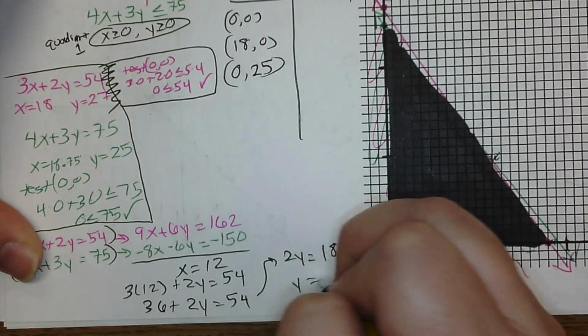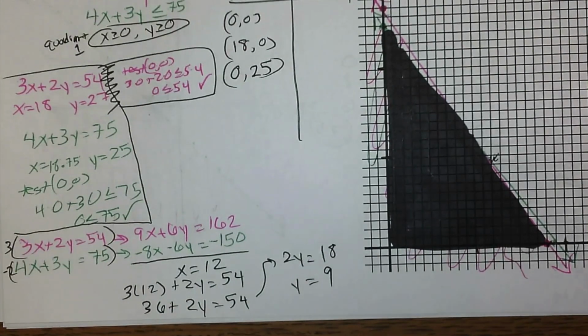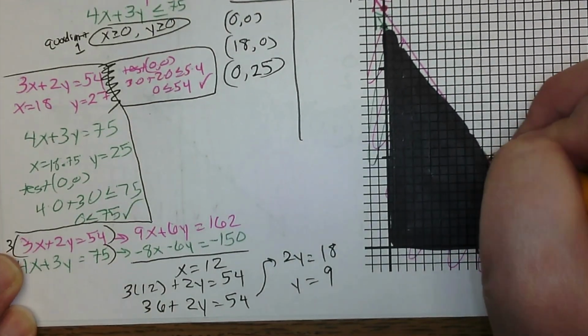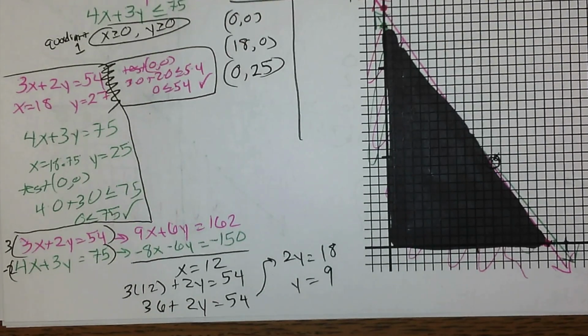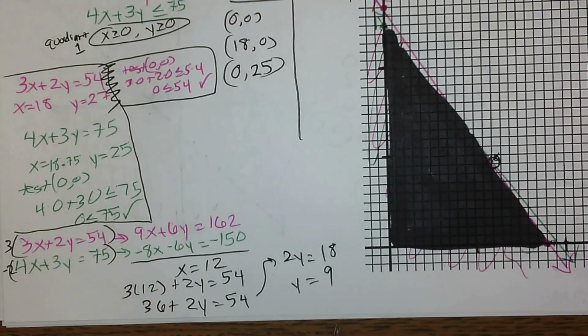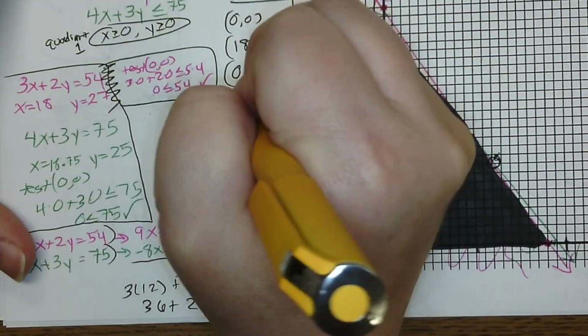Divide by 2, y equals 9. Let's check. Could that be about right? 1, 2, 3, 4, 5, 6, 7, 8, 9. Yeah, it's actually that point right there. And on my graph, I can very distinctly see a pink and a green next to each other. But it's pretty close. So the last point was 12, 9.